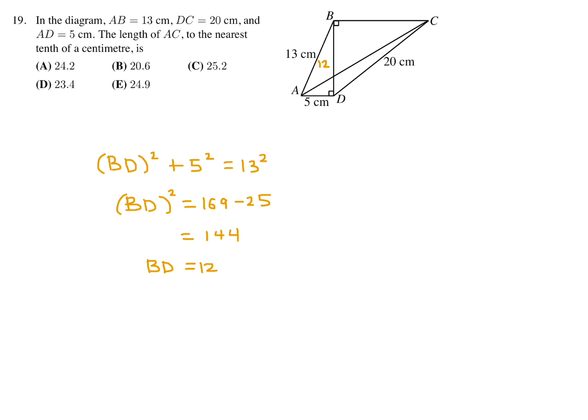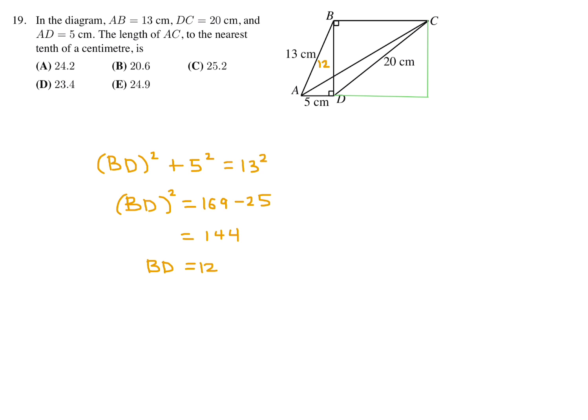Okay. Now at this point, I think it's helpful if we extend this a little bit. I'll draw a parallel line like that, and then a line that goes down like that.